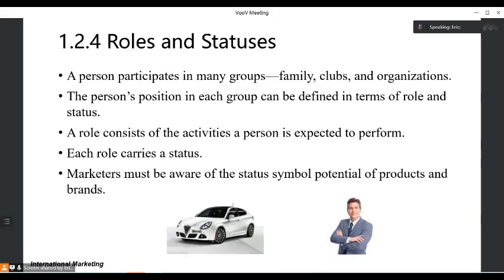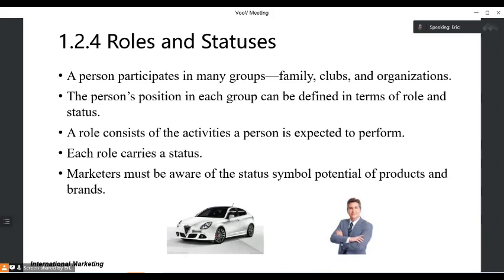And we know that because of these roles, they have different characteristics, and there are some norms about these roles, so you should follow them.